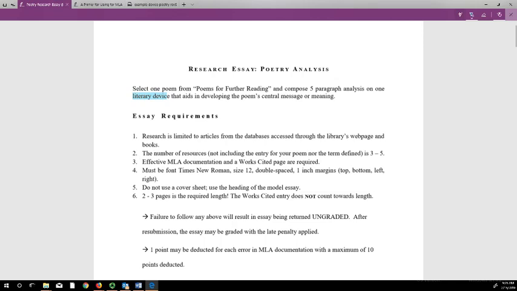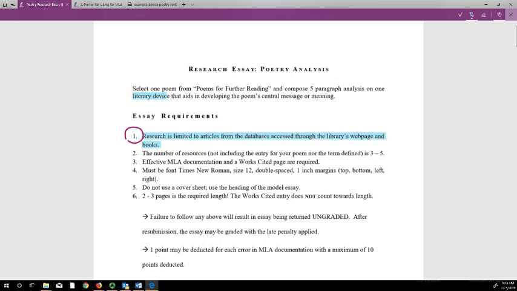So please, please, please, this is a big one right here. Research is limited to articles from the databases accessed through the library webpage and books. No Google. No Google. So you see the target number of resources.